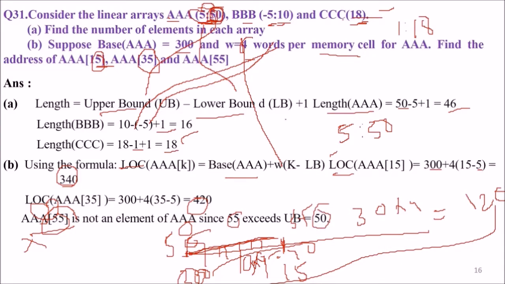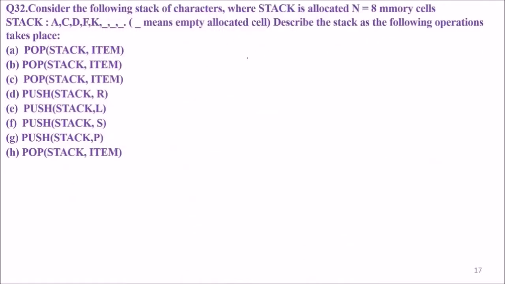Now next question is, consider the following stack of characters, where stack is allocated n equal to 8 memory cells, and stack is A, C, D, F, K, and these are the empty allocated cells. Describe the stack as the following operations take place.